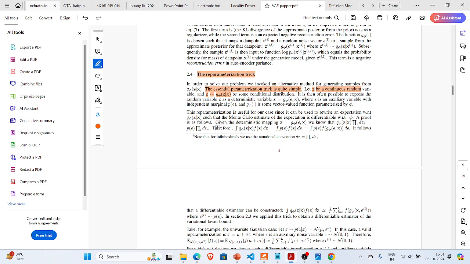So this is it, right? This reparameterization trick we need for this distribution. So this is how we have done. This is a mapping, a deterministic mapping.